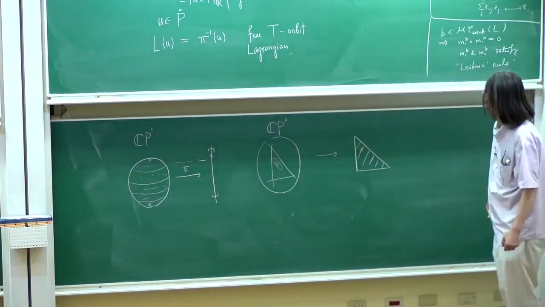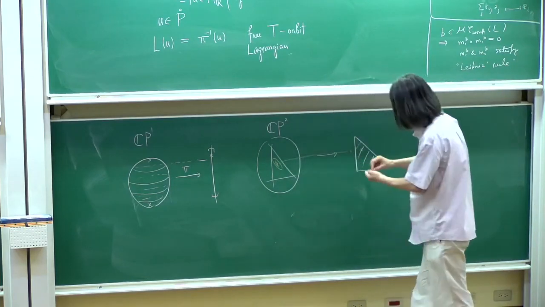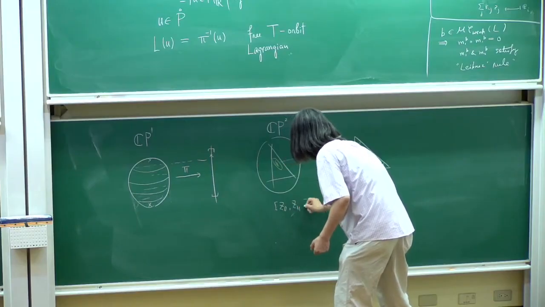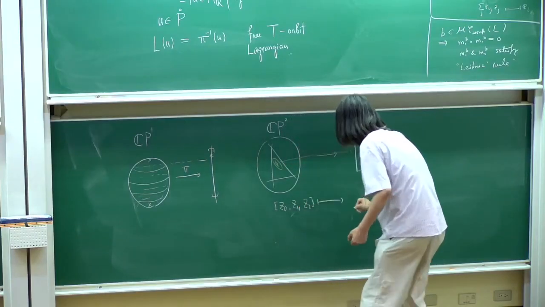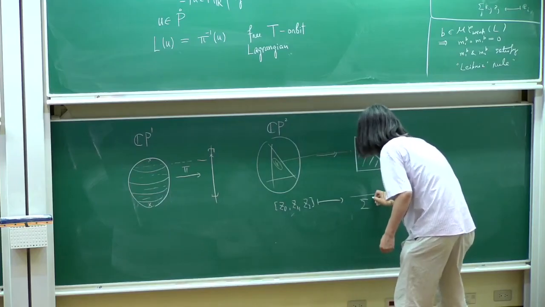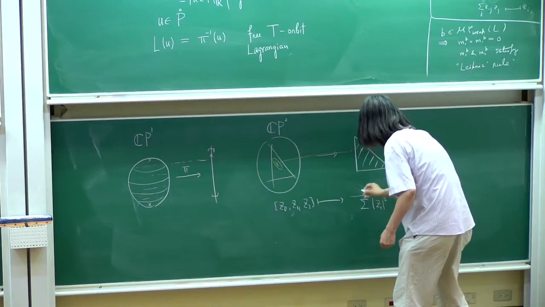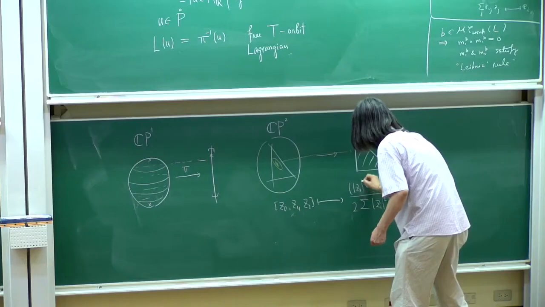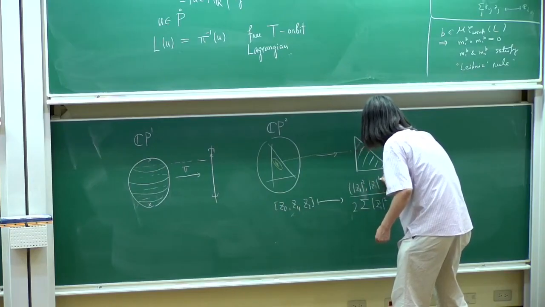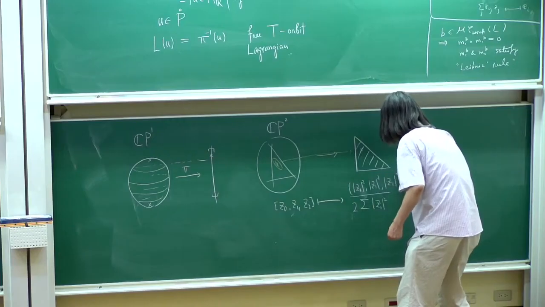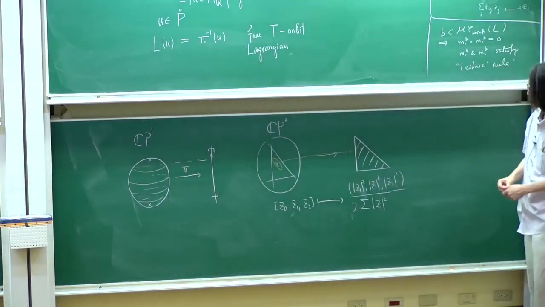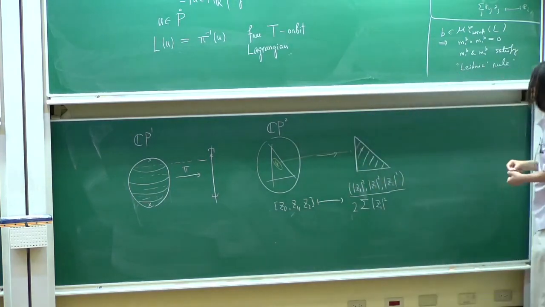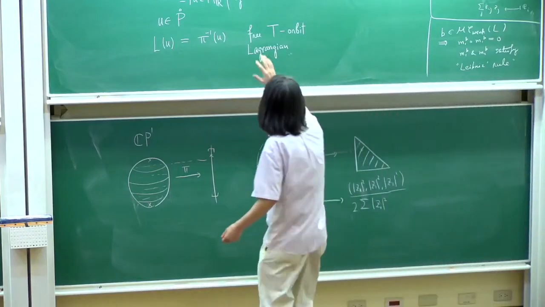The map is (z_0, z_1, z_2) goes to (|z_0|^2, |z_1|^2, |z_2|^2) divided by the sum of |z_i|^2, maybe with a factor 1/2. It is easy to see that the inverse image of one point is a torus orbit.